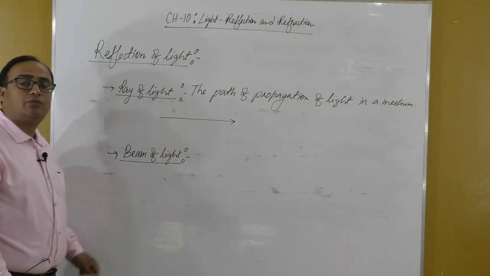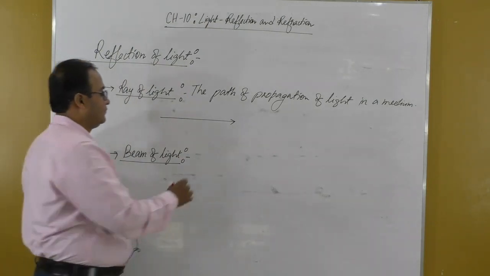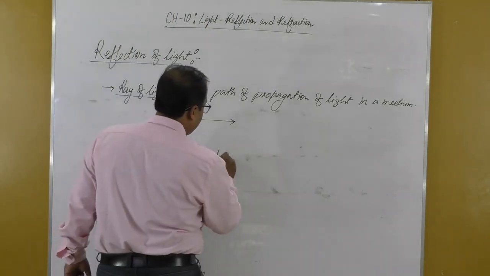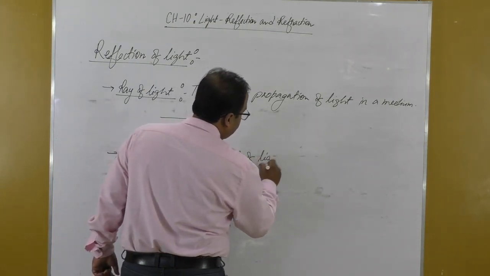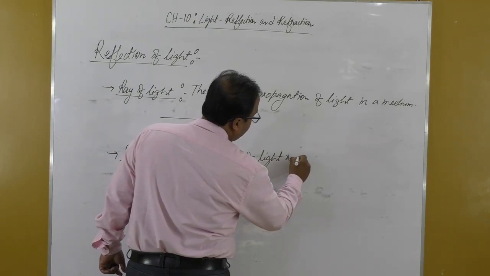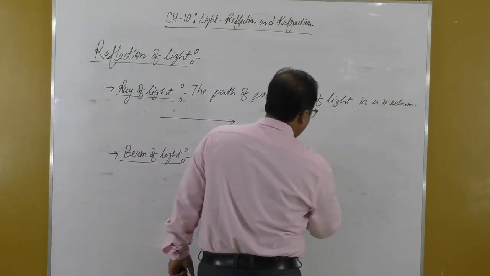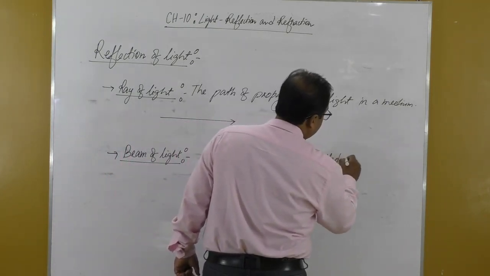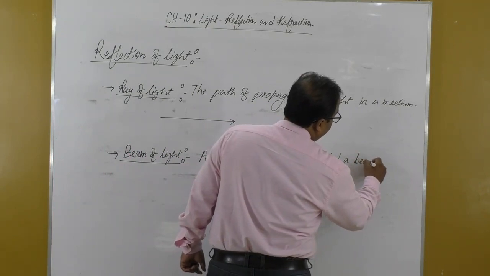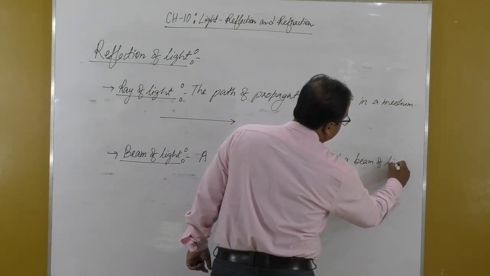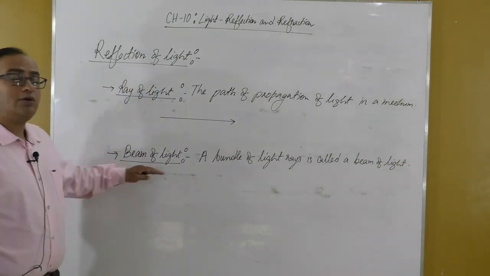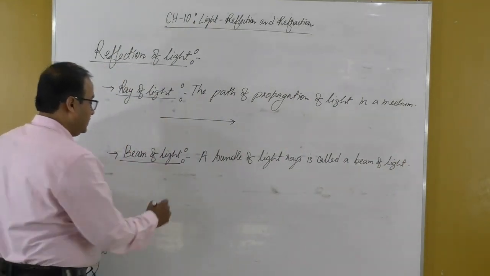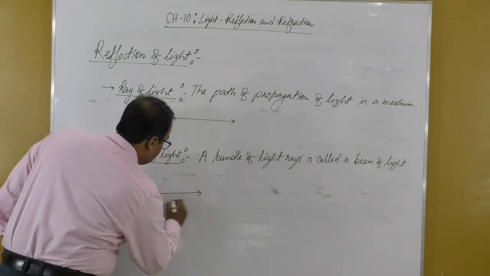If I ask you what is a beam of light, a bundle of light rays is called a beam of light, like this one.